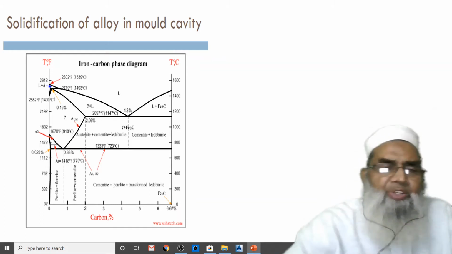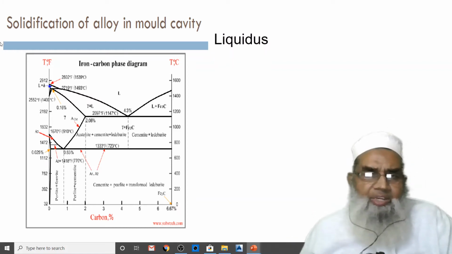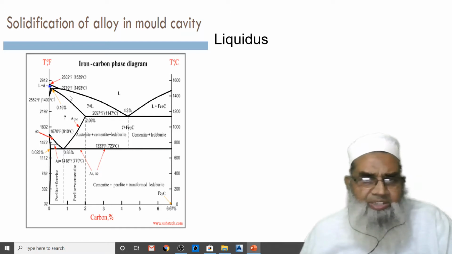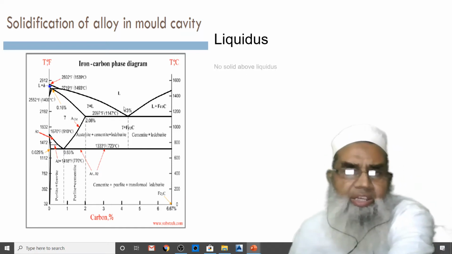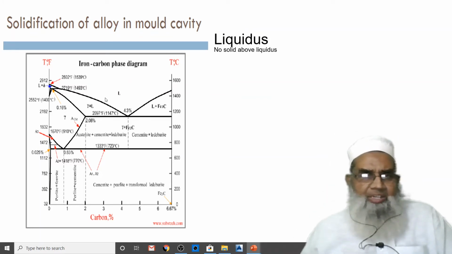If we look into this phase diagram, we will see that there is the liquidus, this is the liquidus, and above this liquidus there is no solid. All the liquid has solidified.